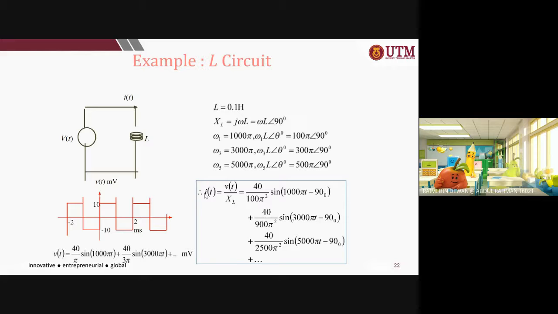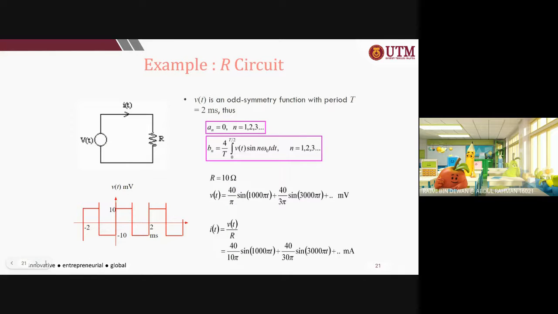So if you can see here, where were we? Refer to the previous one, sine pi. You see there is no phase difference because it's a purely resistor.